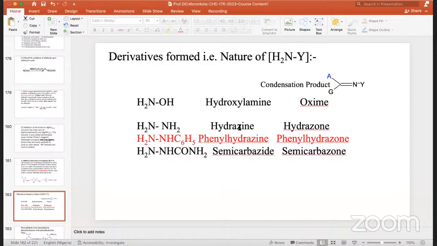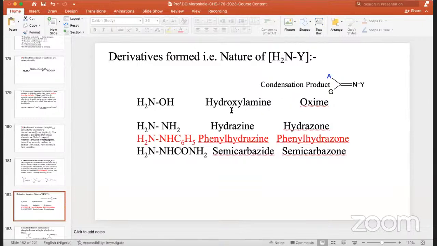And from that hydrazine too, if one of the hydrogens is replaced by an amide, CONH2 derivative, then you call it a semicarbazide. After it has reacted with our carbonyl, these are the condensation products that result.